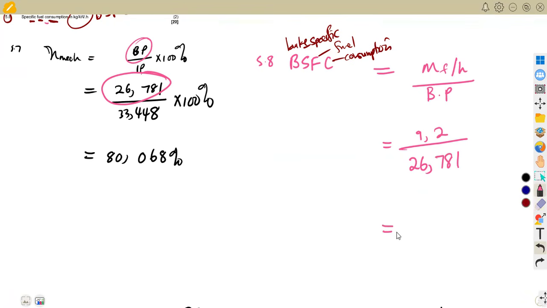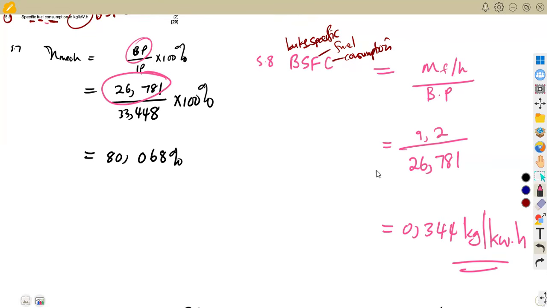So if we divide, that was going to give us 0.343527, which is going to be 0.344 to 3 decimal places. So it's a fuel consumption, which is measured in kilograms per kilowatt hour. That is how the questions are given.